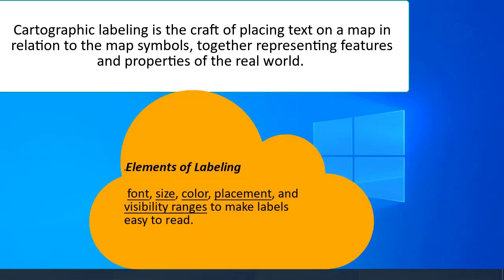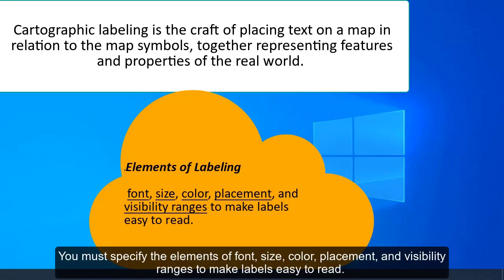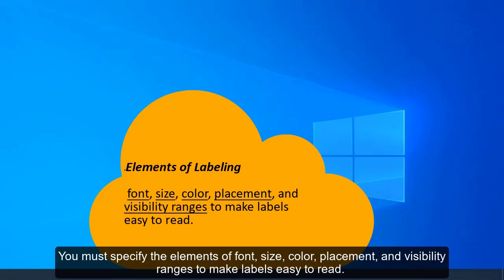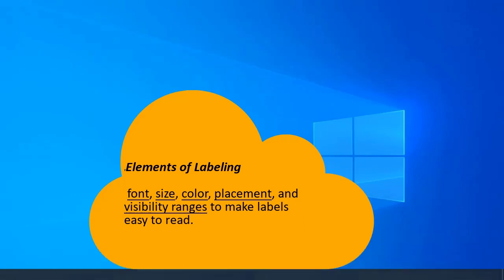When talking about labels, we must first specify the elements of labels, like fonts, font size, font color, font placement, and visibility range. These are the font elements we must consider.